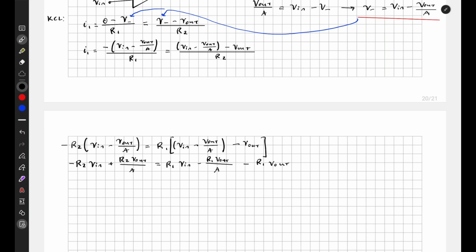Now we will consolidate all the V in terms to the right side, and all the V out terms to the left side.